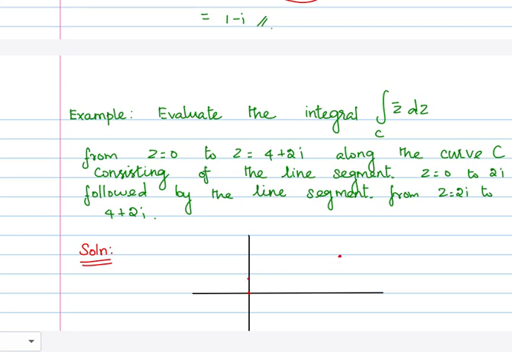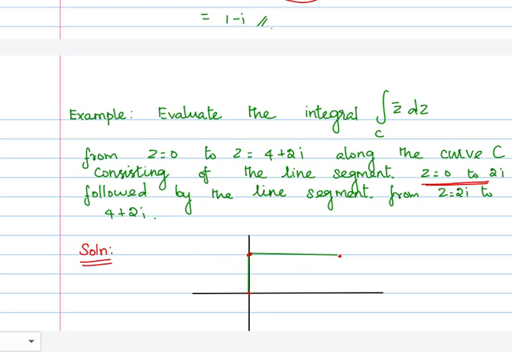The first line segment is 0 to 2i. Then the second is 2i to 4i. This is the way they make it.